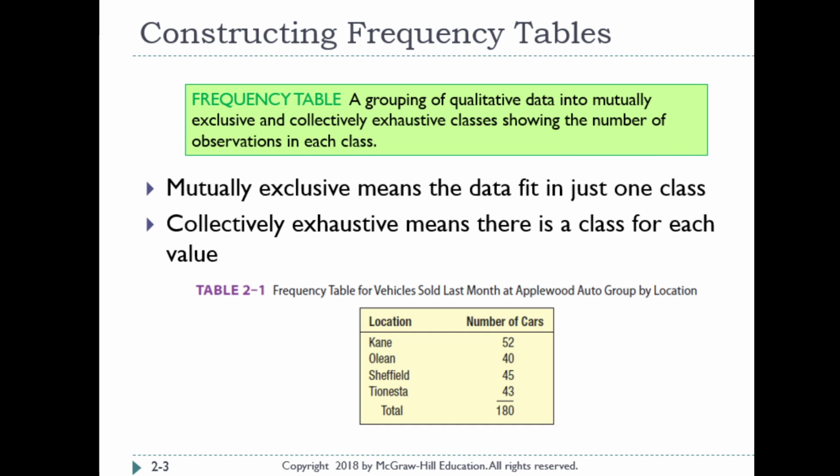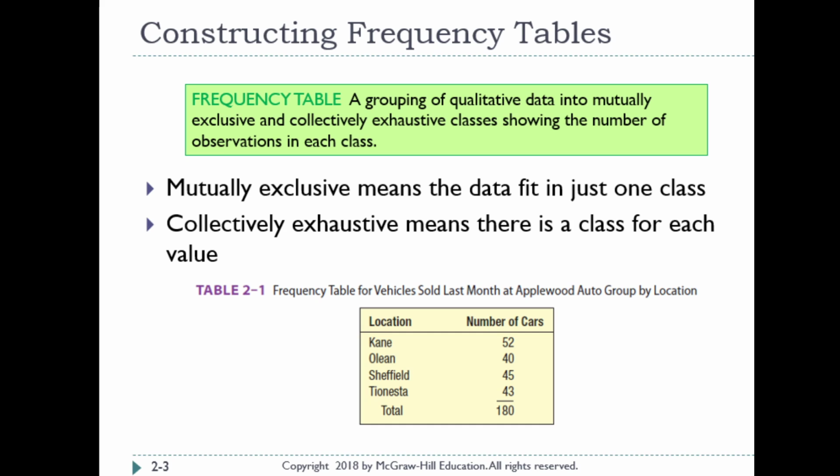For instance, in our example, we don't have a customer that fits in both Minnesota and Wisconsin. Obviously, there may be a customer that travels between the two, or works in one and lives in the other, so we want to be certain about what our variable talks about. Maybe this is the home residence of the customer, and so that customer needs to fit into only one bin or one class. And then the second one, collectively exhaustive, means there's a class for each value.